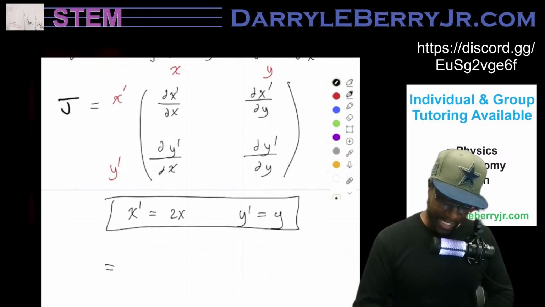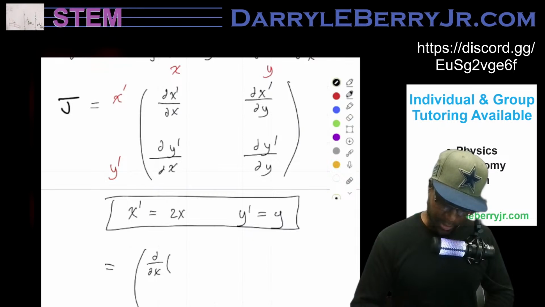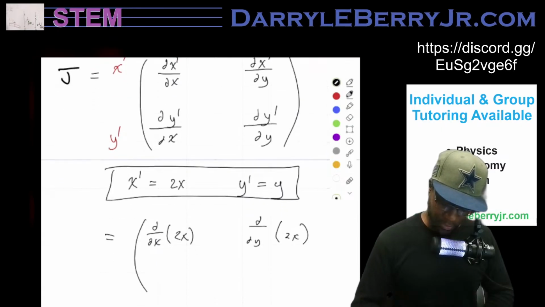What that means is that what we have is a matrix that is partial x of 2x, partial y of 2x, partial x of y, partial y of y.